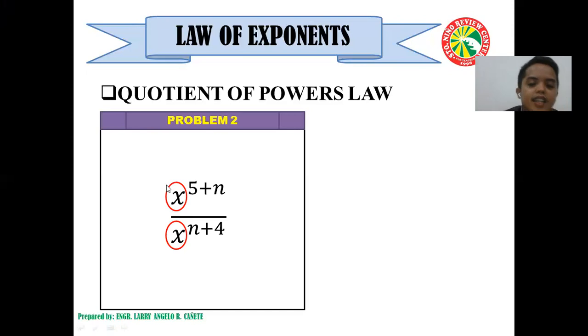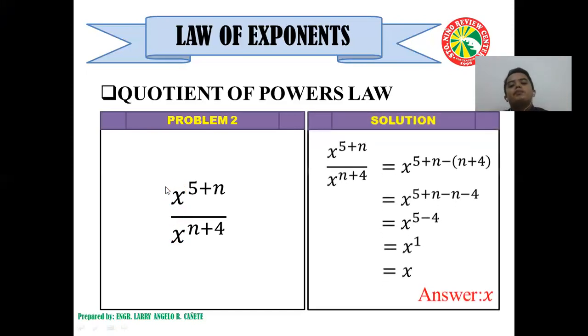Now, if yes, then you proceed to the next step. For the solution of that, this is 5 plus n, then minus n plus 4. So it should be a quantity, n plus 4. Take note of that. Do not just minus n plus 4.